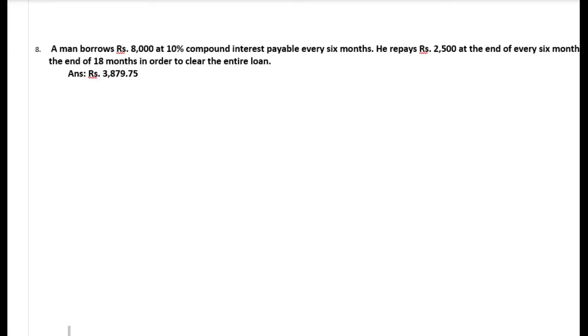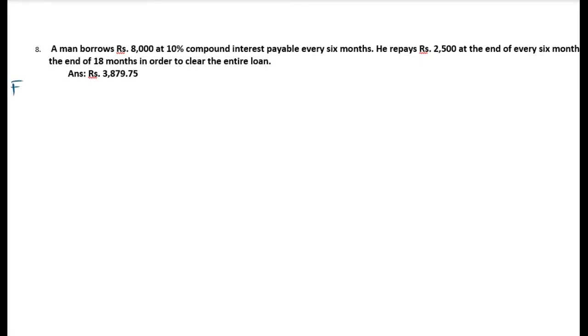The only difference is that over there we took one year, year by year we went, and here we are going half year by half year, right? So the calculation will differ a little bit. Let's see how it's done. A man borrows rupees 8,000 at 10% compound interest payable every 6 months.